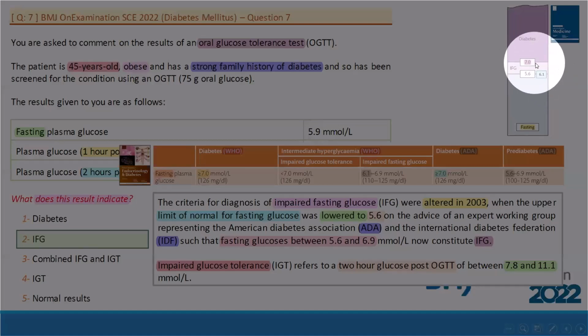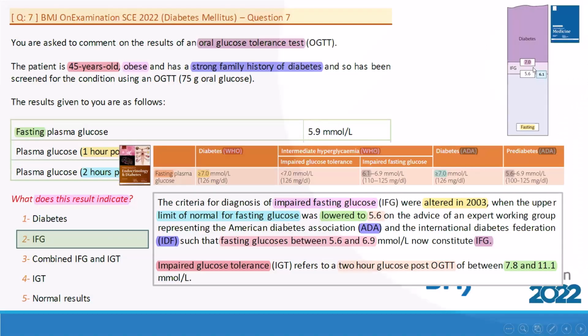Abnormal if more than 7. Between 5.6 and 7 is impaired fasting in the American recommendation, like our case scenario, but 6.1 to 7 is the NICE recommendation. So if this question is answered according to the American Diabetes recommendation, it is impaired fasting. If we answer in the exam, I will answer it as a normal result. So don't forget this when you're solving questions like this.